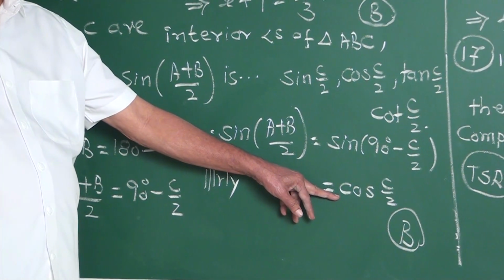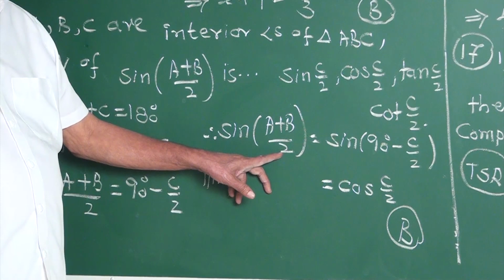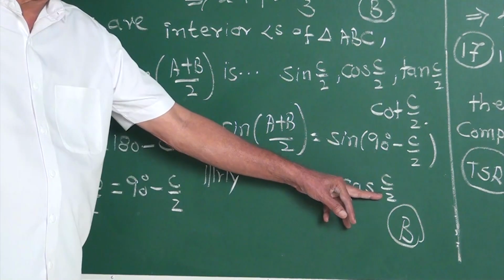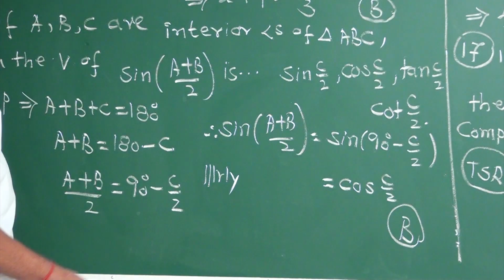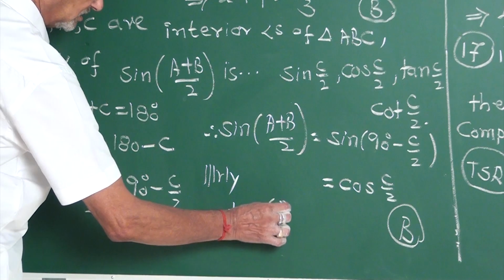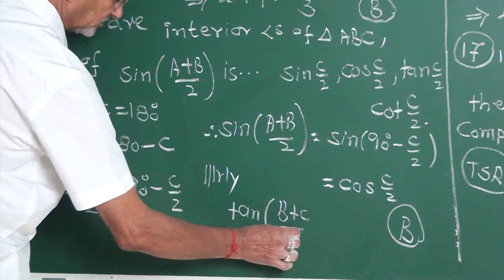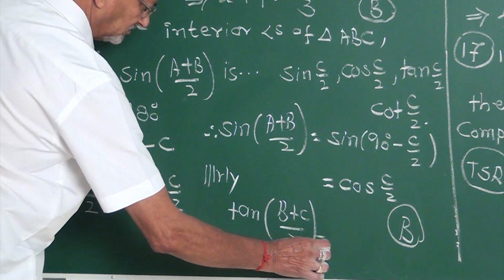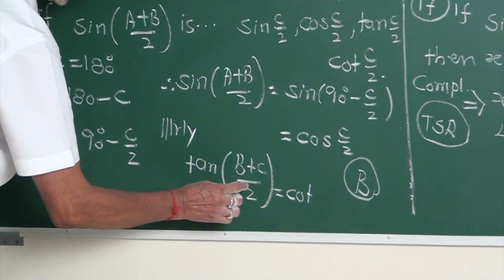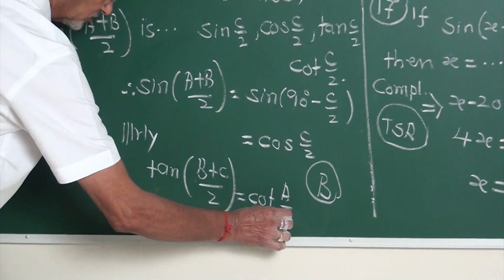Similarly, tell me, my friend, what about sine and cos? Complementary functions, co-trigonometric ratios, if it is by 2 upon 2. Similarly, you can write tan of (B plus C) by 2, co-trigonometric cot of the remaining angle A upon 2.